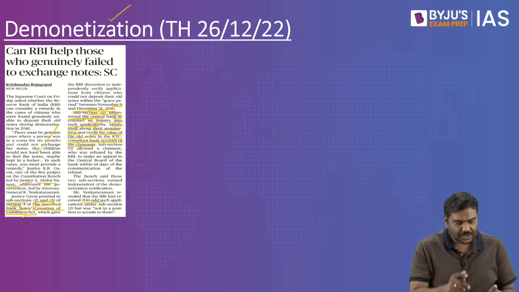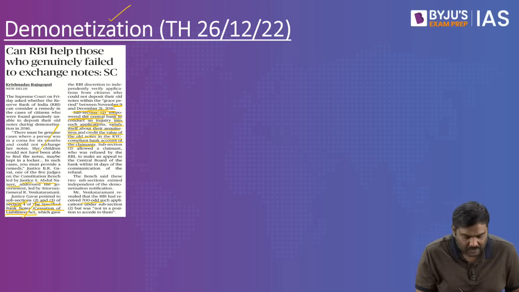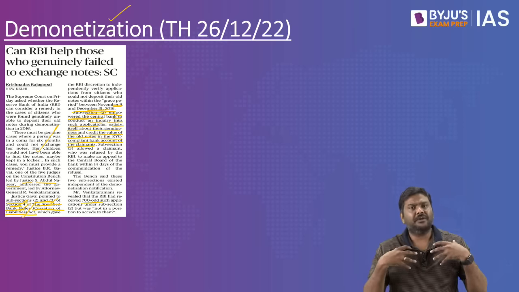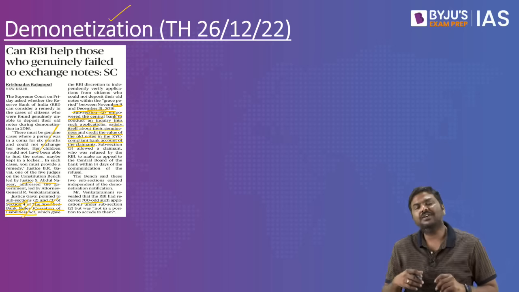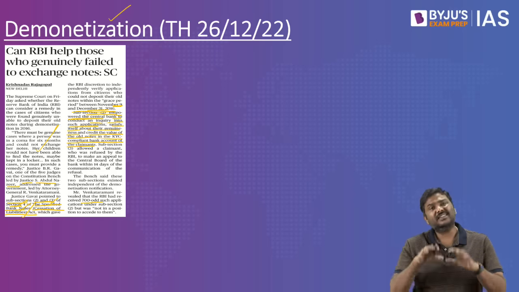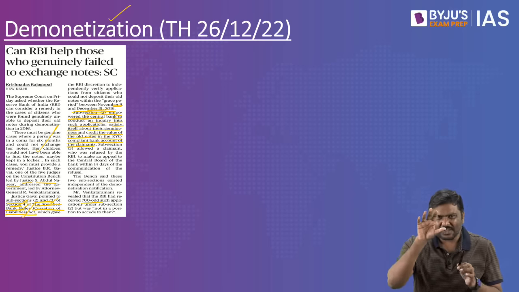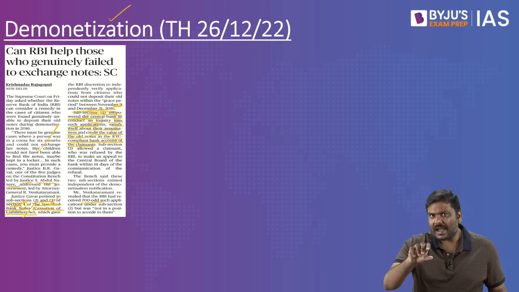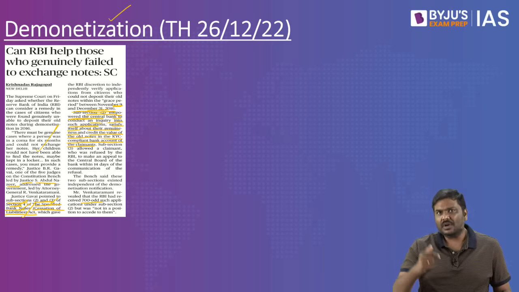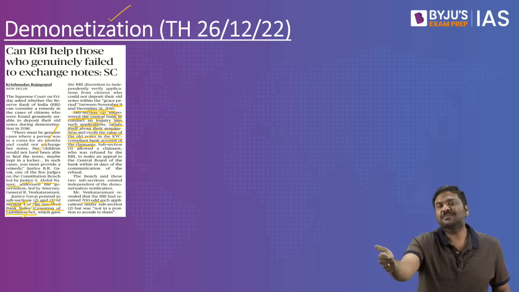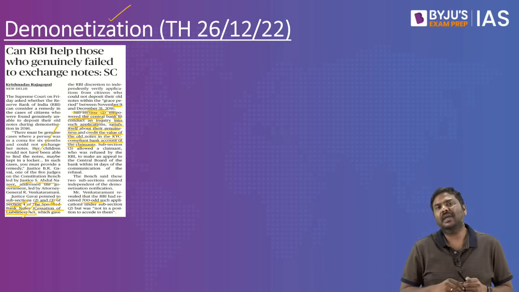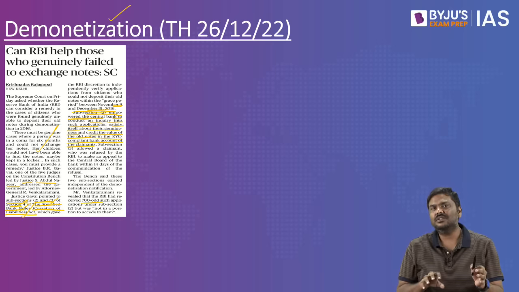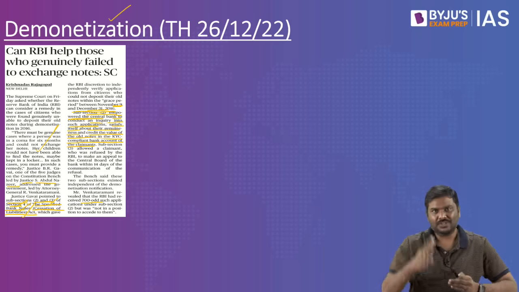Under this subsection of section 4 of the Specified Banknotes Act, the Reserve Bank of India has the power to look into the application, and if the Reserve Bank of India is satisfied that there is a very legitimate cause, because the reasoning provided is acceptable to RBI, then RBI in such cases can accept such applications and exchange the currency notes.